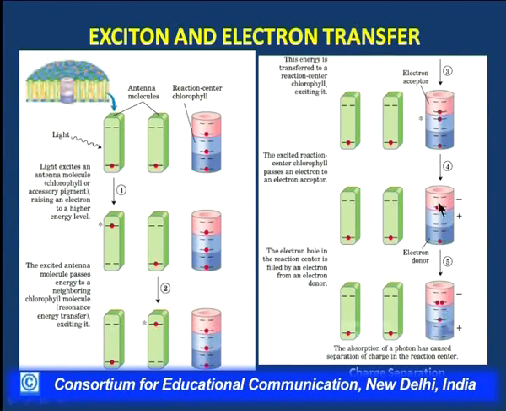The red ones are the electron acceptors. This is the reaction center, which is blue. You can see that the moment the electron is accepted by the acceptor, it has turned from plus to minus, and the one which has donated has now become plus. This is the basis of what we call charge separation. This is the exciton transfer, which is the basis of the beginning of the electron transfer in photosynthesis.